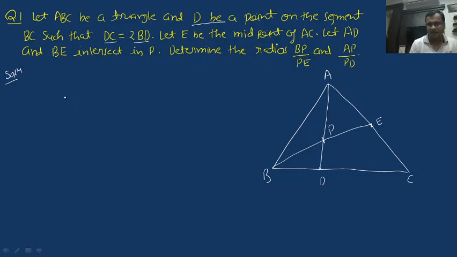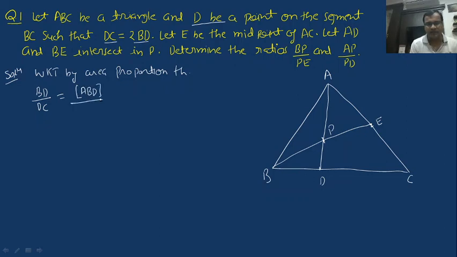Since by the area proportion theorem we know that BD upon DC equals area of triangle ABD upon area of triangle ADC.